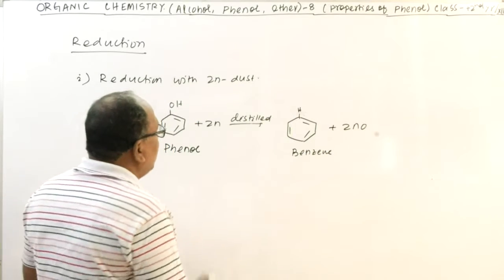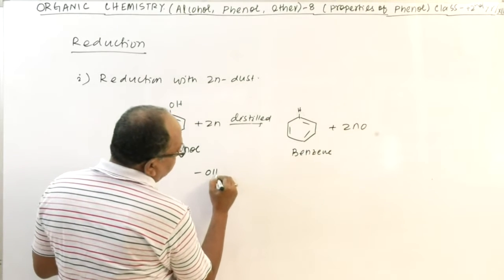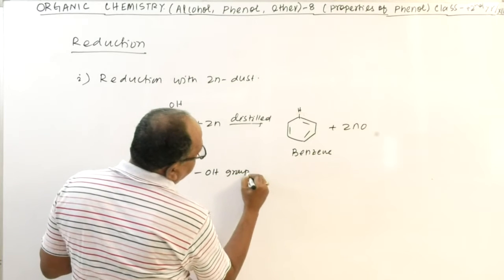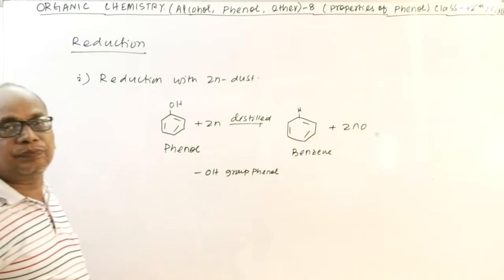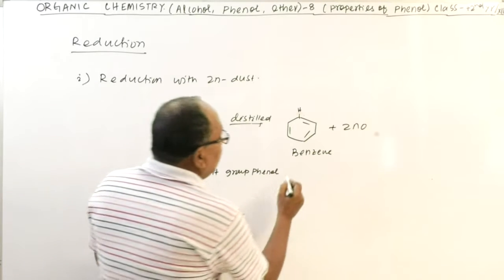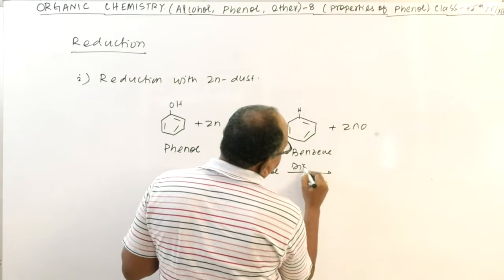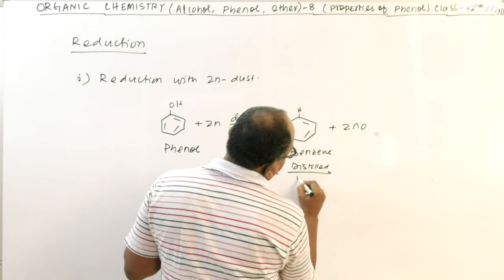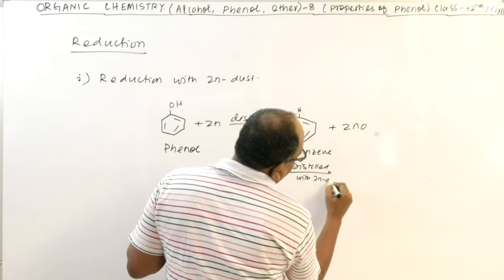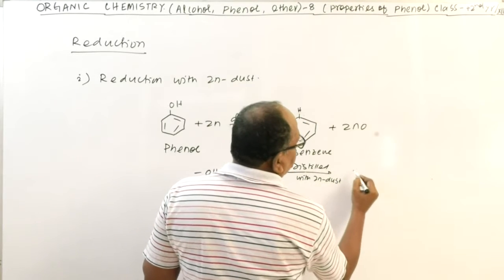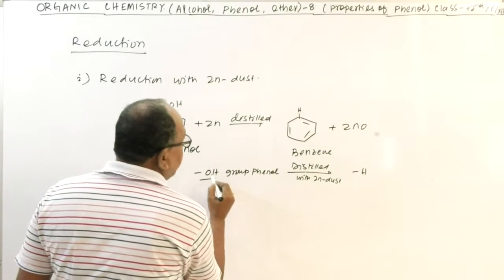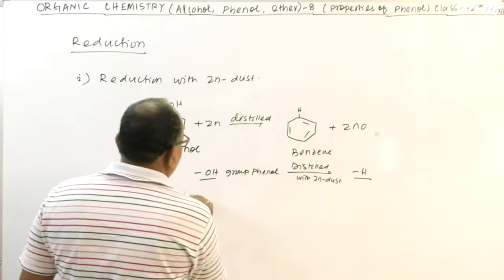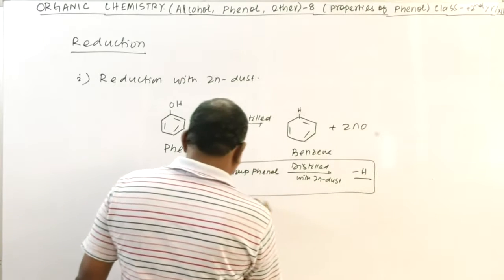But you learn here that the OH group of the phenol, when distilled with zinc dust, gives you H. That OH became what? H.